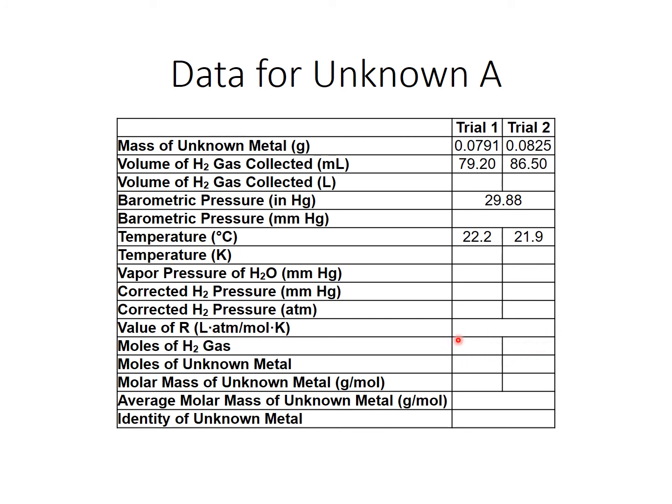Again, if you're going to get the moles of hydrogen gas here, you must have the partial pressure of hydrogen gas, which will be these. We can then use stoichiometry to get to the moles of unknown metal. And then, once we have moles of unknown metal, and we have grams of unknown metal, we could get grams per mole. This is the molar mass of the unknown metal. We'll average that and see if that will be close enough in value to identify what that unknown metal's identity is. And that's what we'll fill in at the very end.